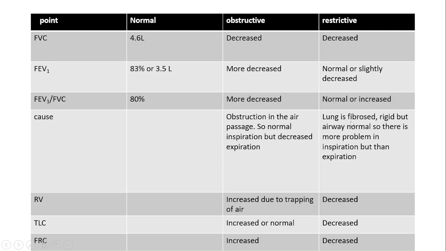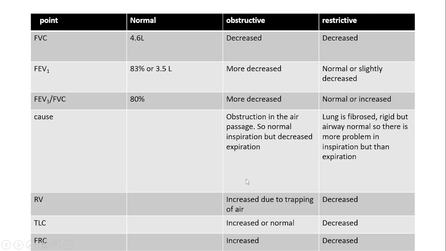And in restrictive lung disease, lung is fibrous, rigid, and airway is normal. So there is no problem in expiration, because the expiration is mainly dependent on the diameter of the airway, but there will be problem in inspiration, because the alveolus has got rigid, so air cannot enter into the alveolus properly during inspiration. In obstructive disease, we can inspire air normally, but we cannot expire air normally, so it will actually trap the air in our alveolus.